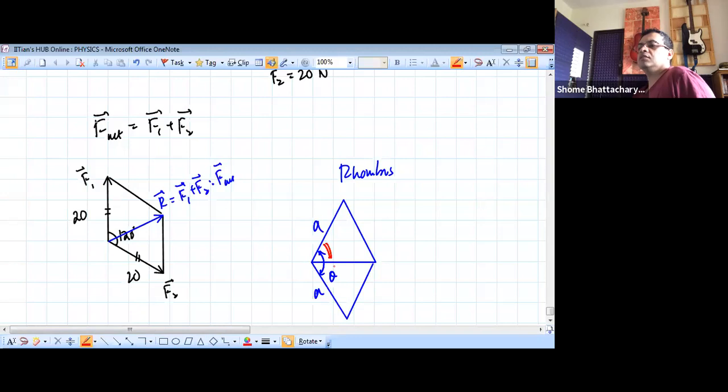So this angle is equal to this angle, that is theta by 2. This also bisects.